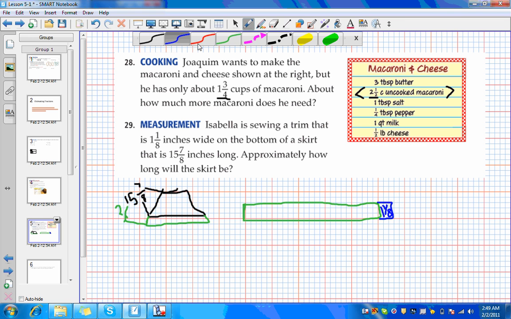And then remember the length of this one is 15 and 7/8. And remember, your answers do not have to be exact. They're going to be estimates.